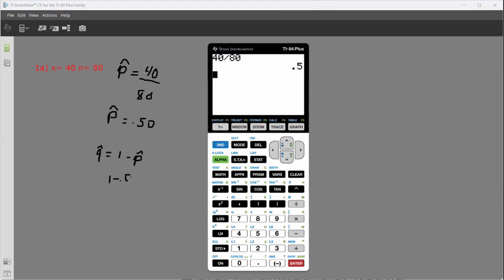Now, the arithmetic will be a little different, but the process is the same. q hat is also 0.5 in this case, and that's perfectly fine. They can match each other. So A, B, and C followed that pattern. Different numbers, but the same idea, okay?